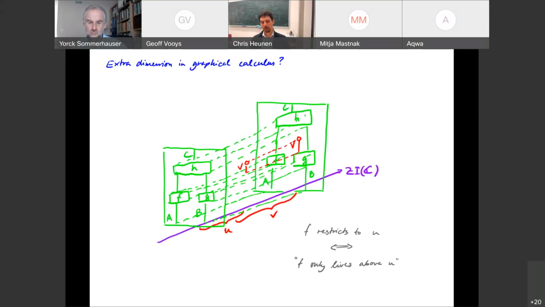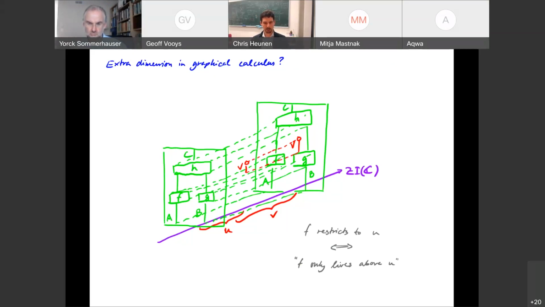Last time we talked about the graphical calculus having 1 dimension for categories, 2 dimensions for monoidal categories, 3 dimensions for braided monoidal categories. So we now figure out there's some sort of hidden extra dimension in here. If you start with the monoidal category C, that used to have 2 dimensions, and these are the green horizontal slices, if you like.